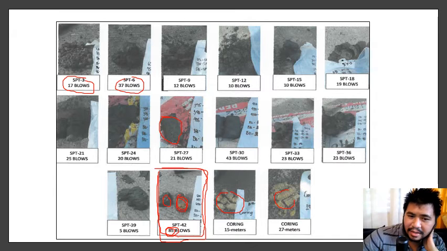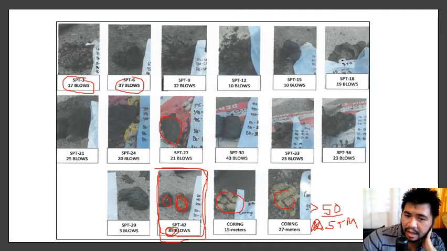So technically, this is wrong. You're not supposed to reach an SPT greater than 50. If you're gonna follow the ASTM guidelines, you're not supposed to have an SPT greater than 50. Once you reach 50, you should stop doing the test and try to core or remove any stuff that's actually blocking your SPT tube.